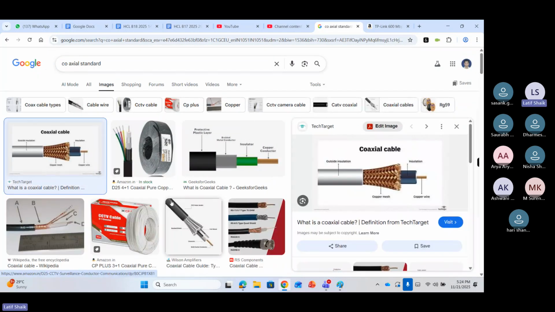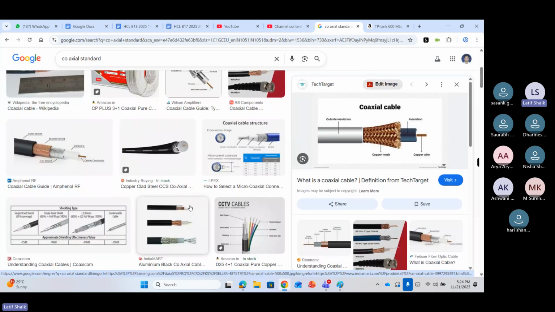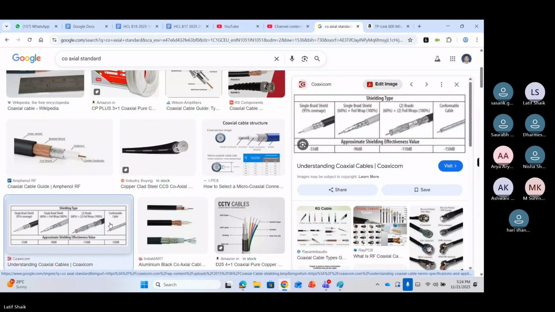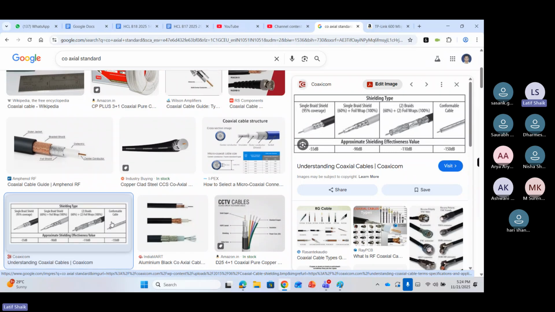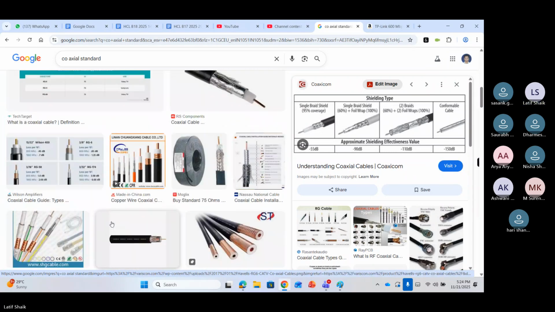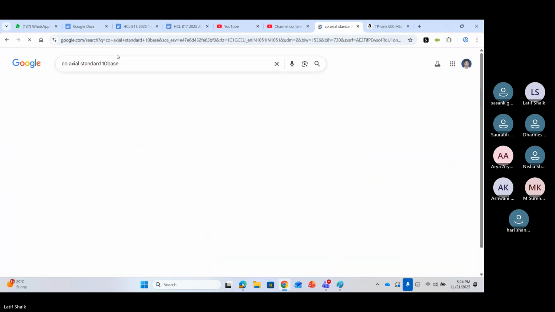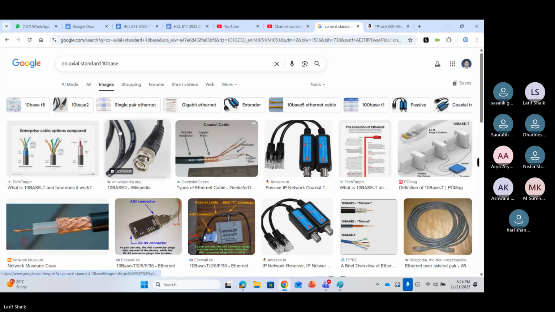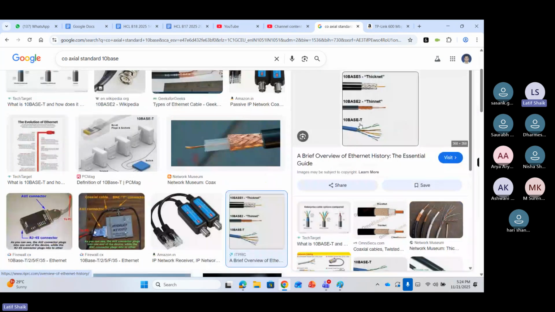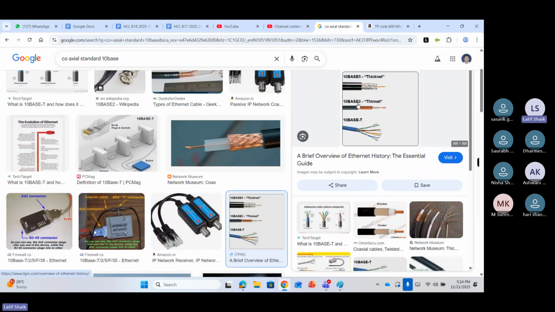This is how the cable looks, and there are standards also, like 10Base2 and 10Base5. 10 means 10 Mbps data transmission speed.